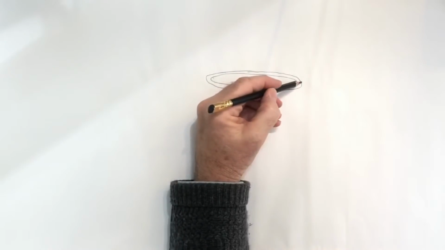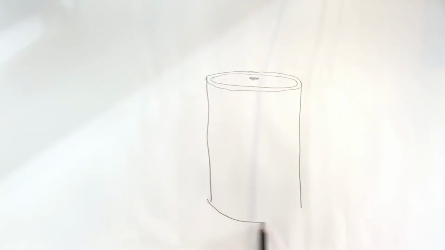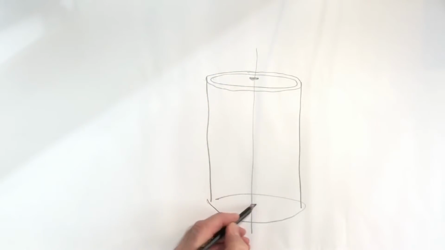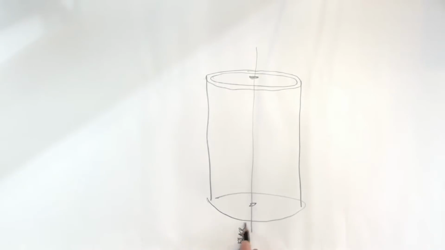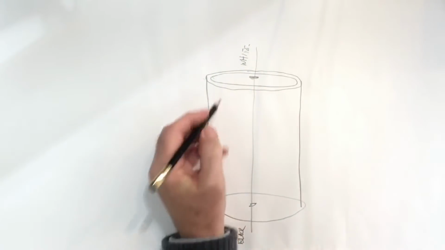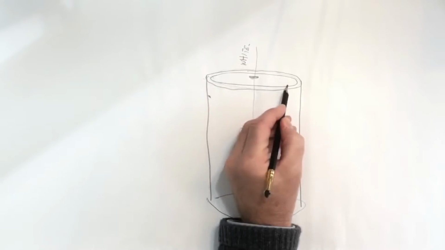But in fact, it's not a color wheel. It's a color cylinder. Because what you have running down through the middle of the color wheel is the grayscale, from black to white. So if you're looking at the colors, yellow is much lighter than blue.